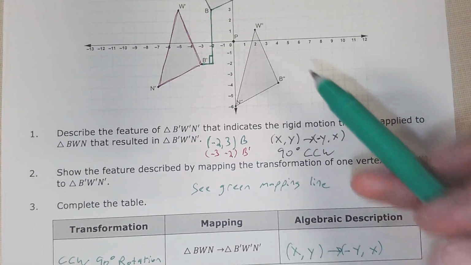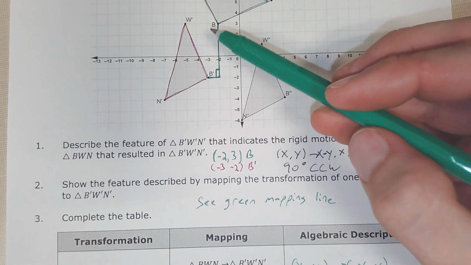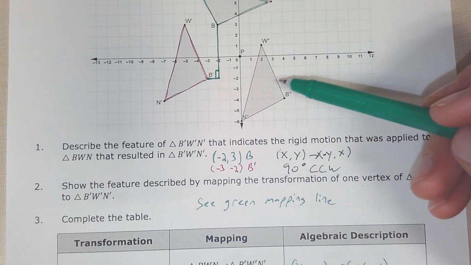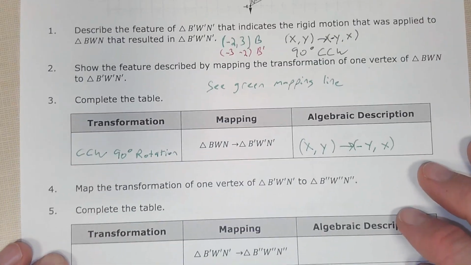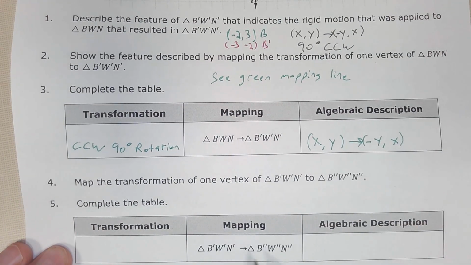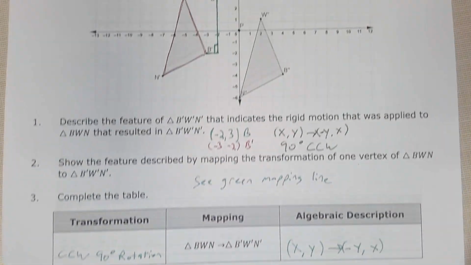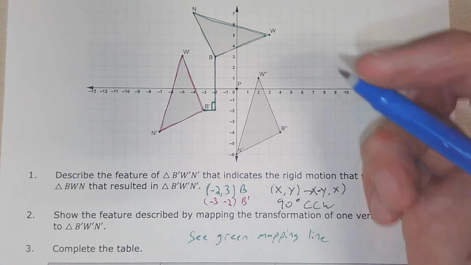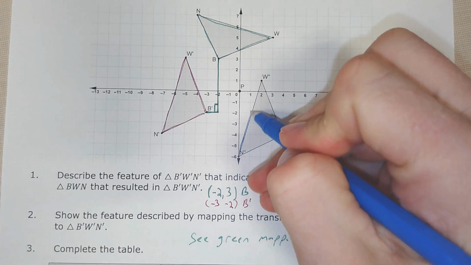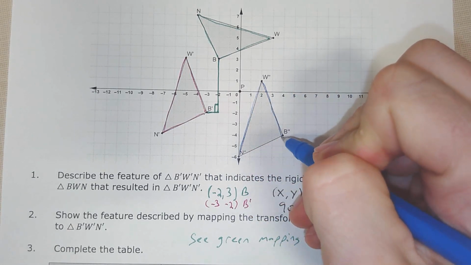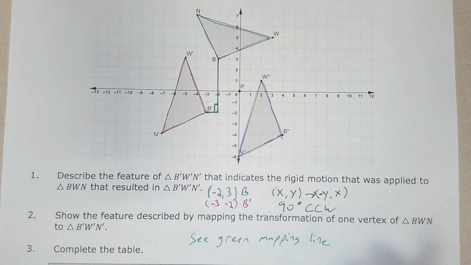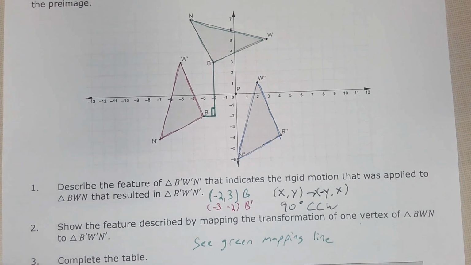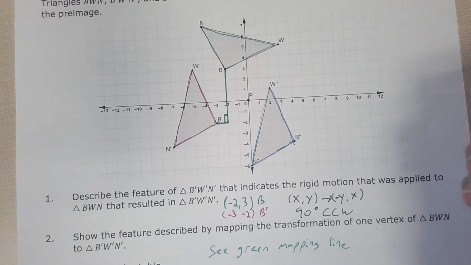Then we have a translation from BWN prime to BWN double prime. That's what it's asking for right here. So it's going from triangle burgundy to triangle blue, and since I have both of them on the coordinate plane, I'm going to just do coordinate plane counting.